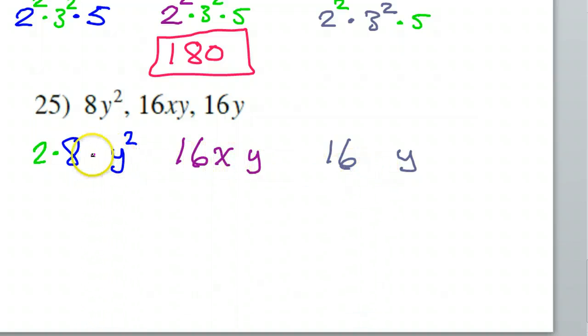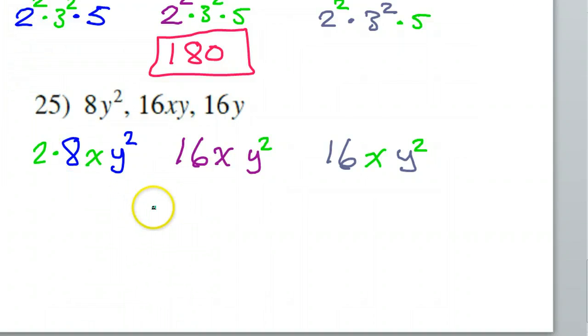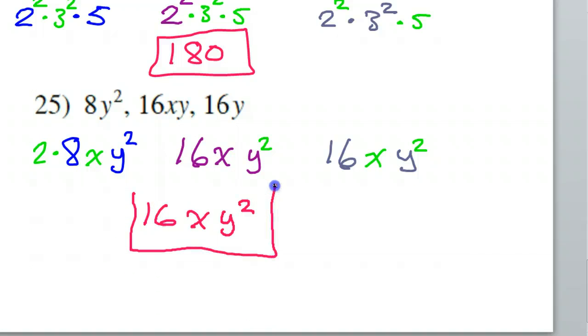These two don't have x's, so we'll have to give them all x's. Now the y's. This has y squared. The other two only have y. We can only make it more, not less. We're multiplying. So we'll have to make them all y squared. So that's why the least common multiple is 16xy squared. And that is how you find the least common multiple.